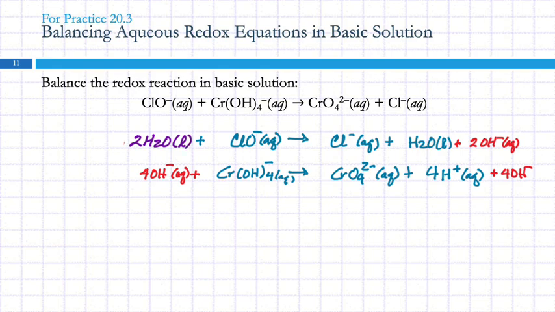I'm just combining them. And over here, I've got matching. They're always going to match because we did it that way. We added an equal number to the number of hydrogen ions, and so then I'm going to end up with 4 water molecules on this side.